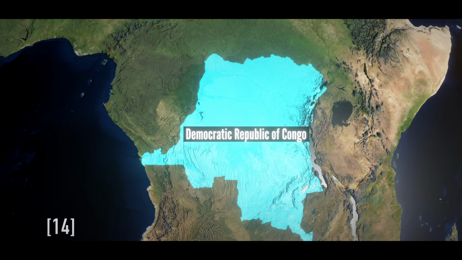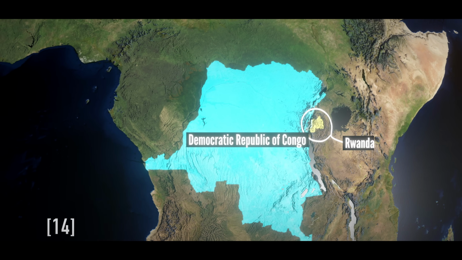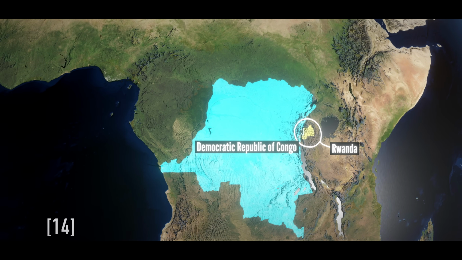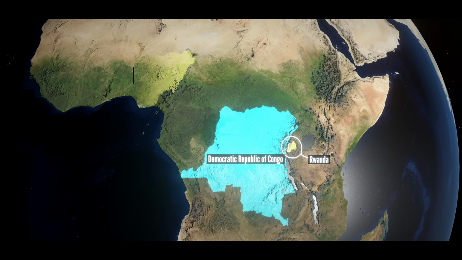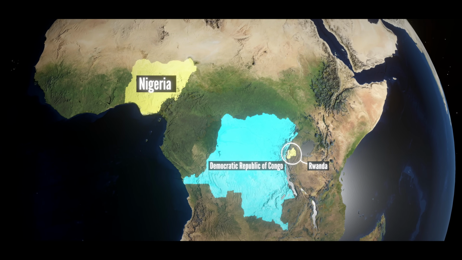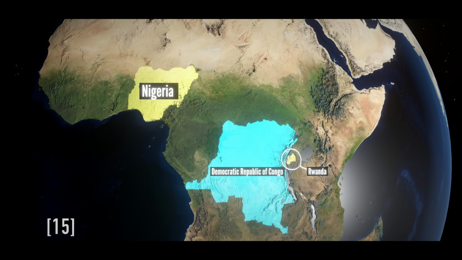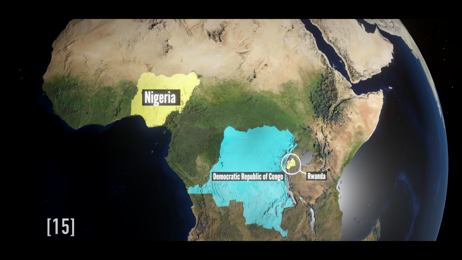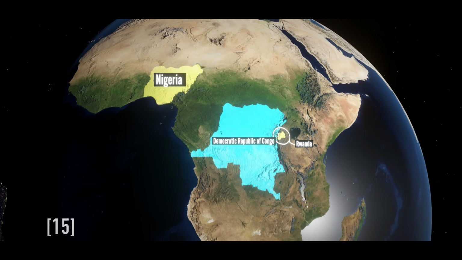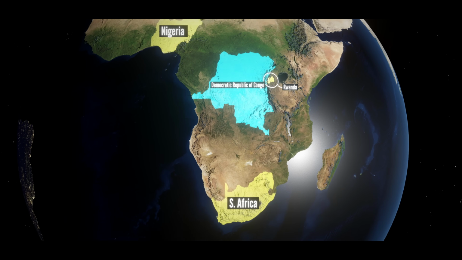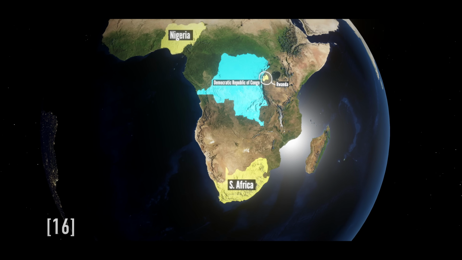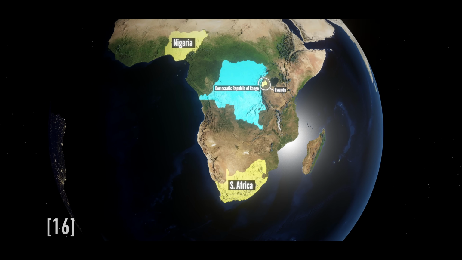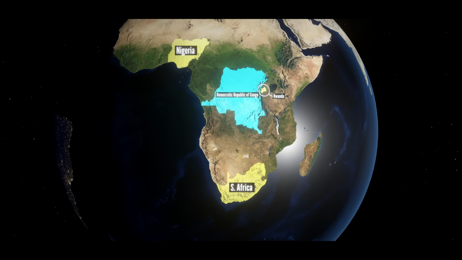And, together with Rwanda, they extract half of the tantalum on Earth used in the production of electronic equipment. Nigeria is already the third largest supplier of oil to the EU, and perhaps most famously, South Africa produces vast amounts of gold and diamonds, and also supplies a majority of the world's platinum, iridium, rhodium, and ruthenium, resources used in the defense sector.